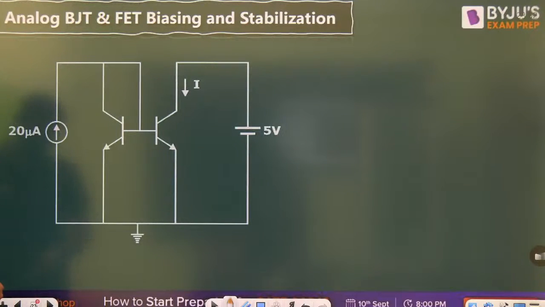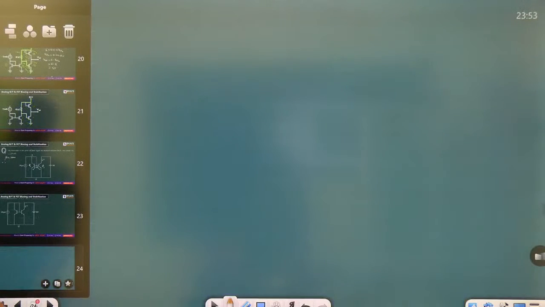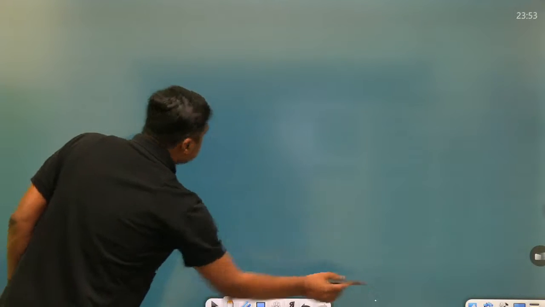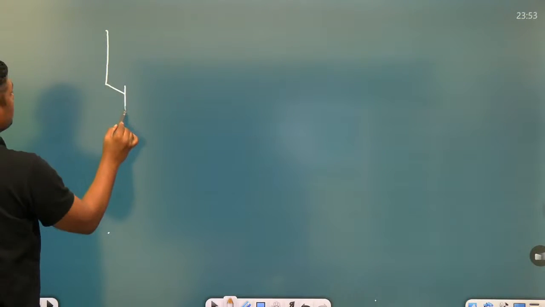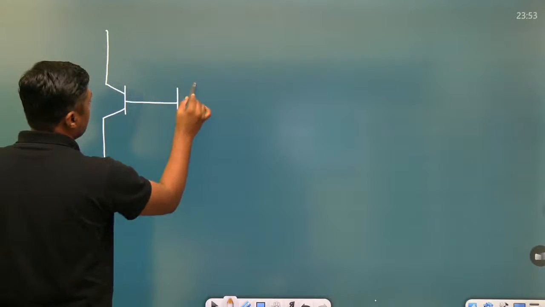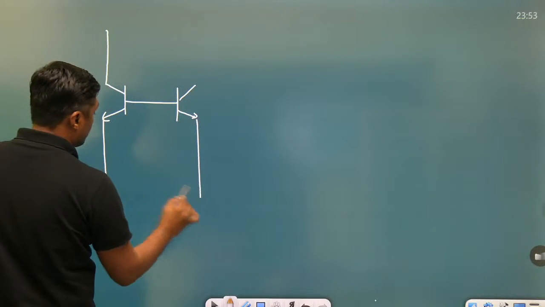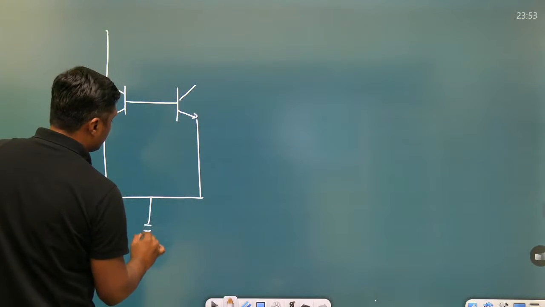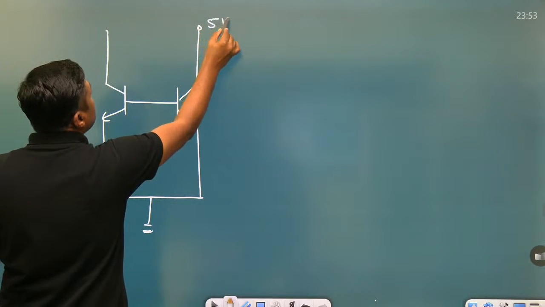First of all, what is the current mirror circuit? Watch this. No doubt this 5-volt battery is connected, but it doesn't matter.